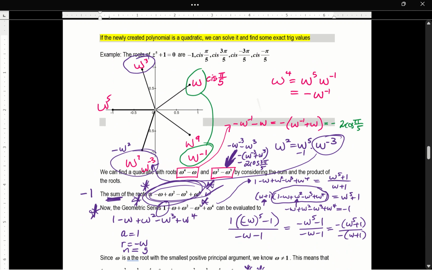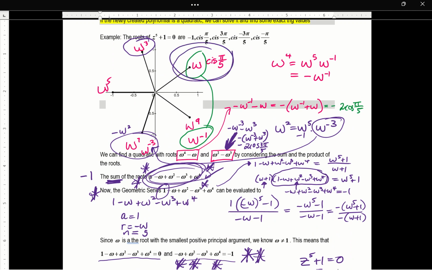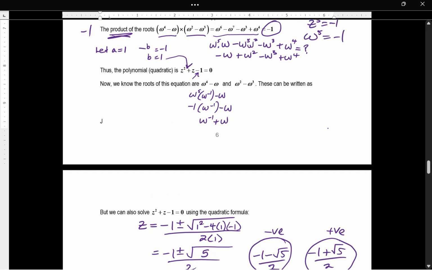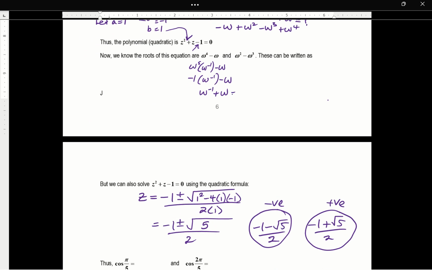I'll just go back up and show you there. Circling in purple, w and w minus 1 down there, right? They're conjugates. So when you add them, you get twice the real part, right? That's equal to 2 cis pi on 5. And these two guys, they're the same. They're conjugates. So you get 2 cis 3 pi on 5, right?